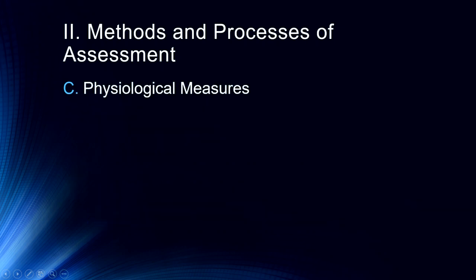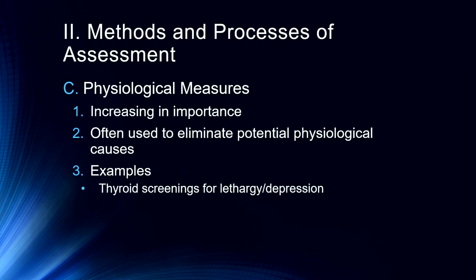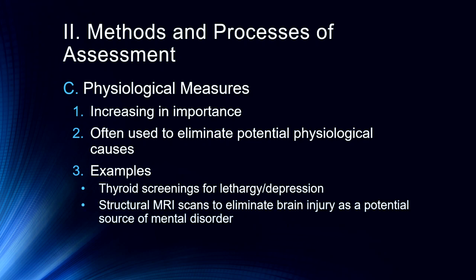Physiological measures. Those of you in my class, your textbook likes to ignore these. These are increasing in importance, and I think they have come a long way in terms of differential diagnosis, so they can be used to eliminate potential physiological causes, which is one of the first things to think about. So a good example is if a child is depressed or lethargic, a really important part of this is going to be doing a thyroid screening, because individuals with low thyroid can have very low energy or depression.